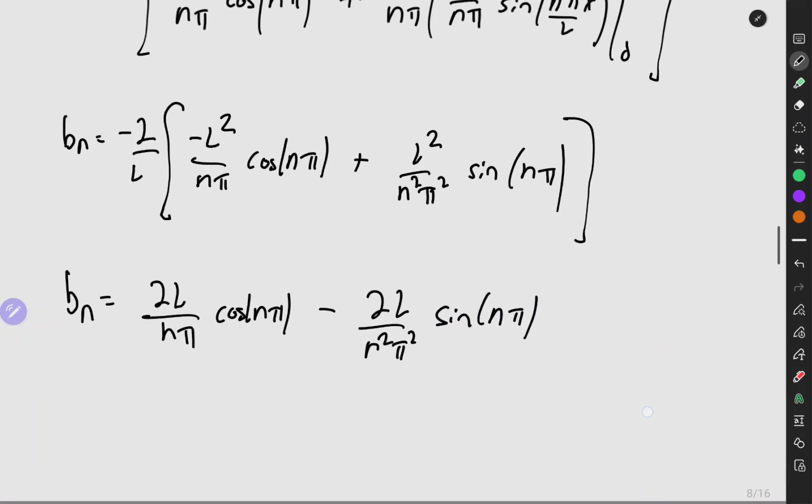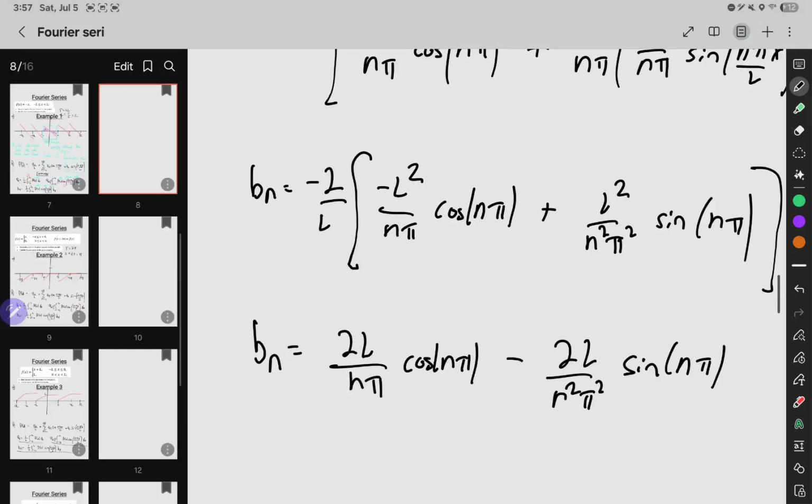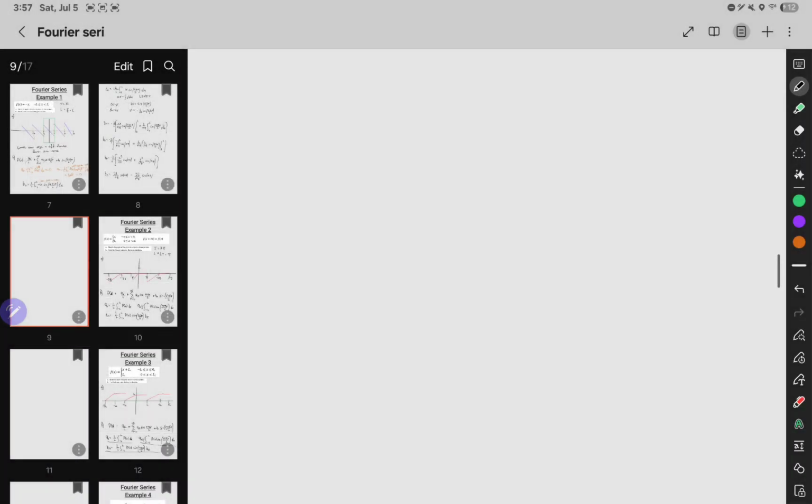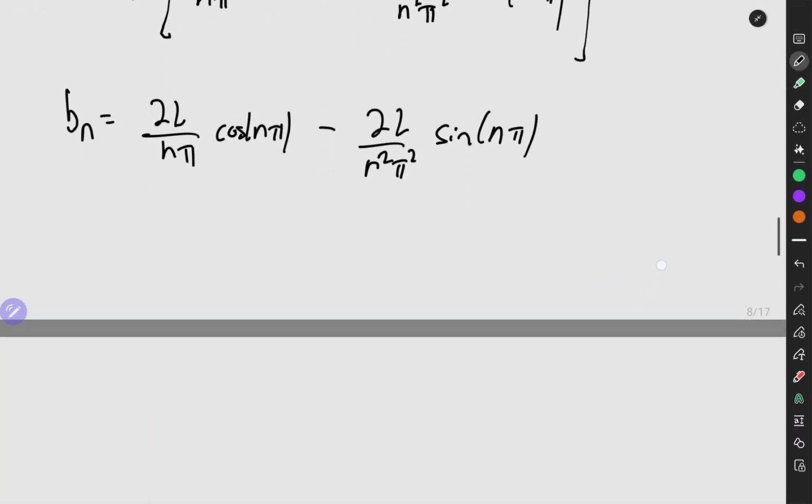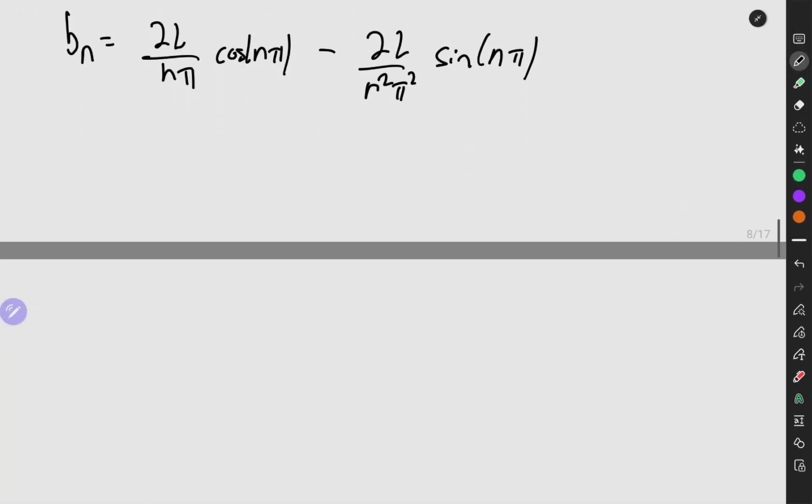If you watched my last video when I did some simplifications, we know that cosine of n pi is equal to negative 1 to the n, and sine of n pi is equal to 0.